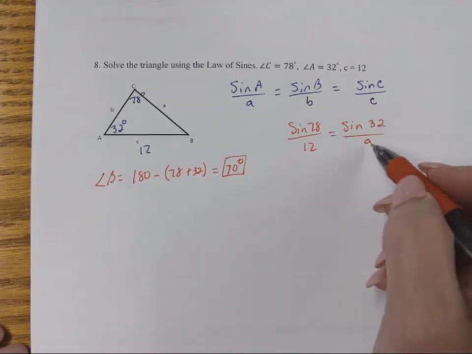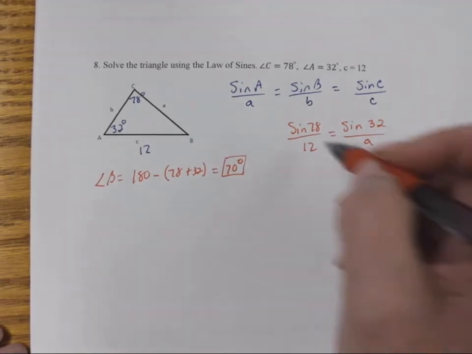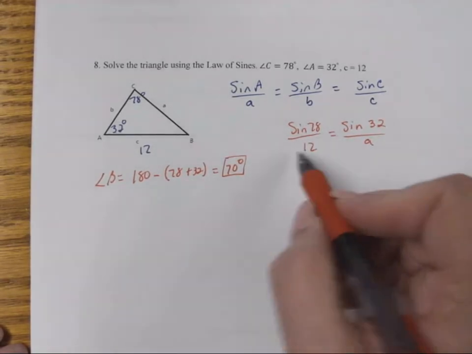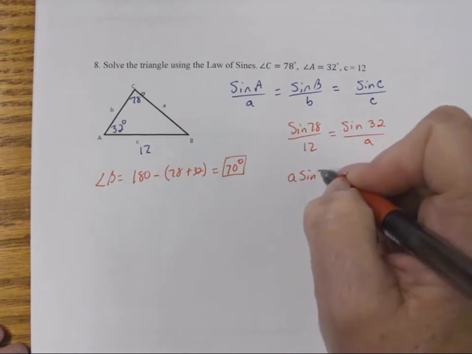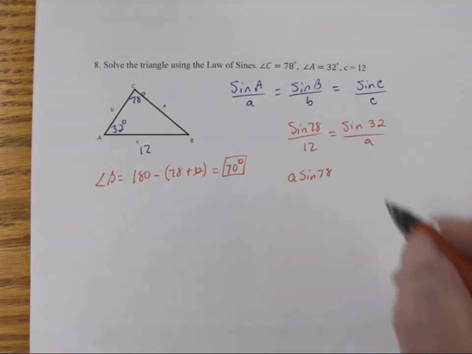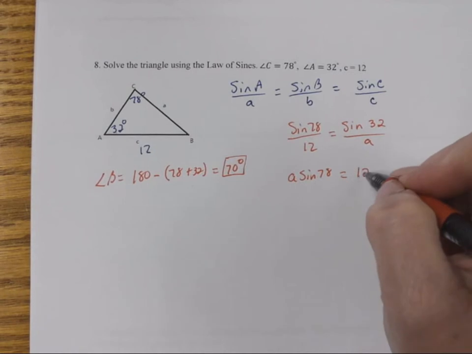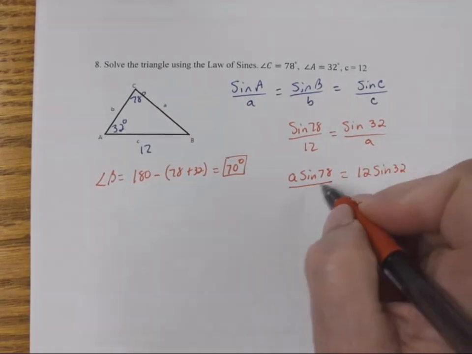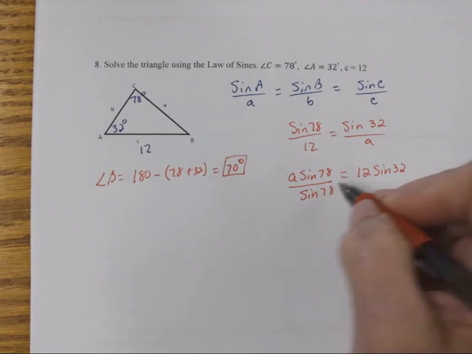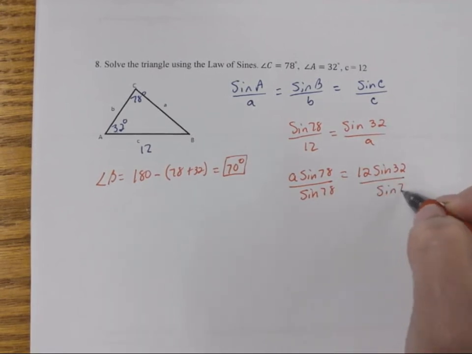Now I can cross multiply to get my a out of my denominator. So I'm going to end up with a times my sine of 78 is equal to 12 times the sine of 32. Then I'll divide both sides by sine of 78.